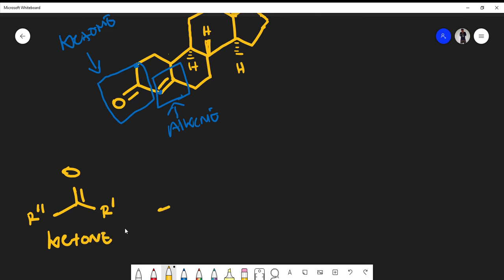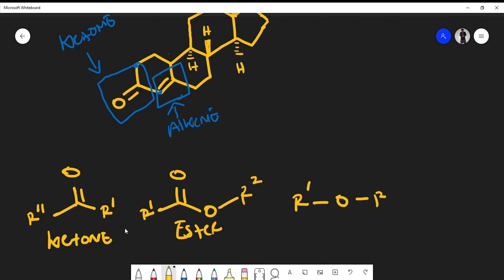Now, if you see a double bonded oxygen, and directly adjacent to it we have an oxygen, and let's say this is just some arbitrary R2, this is what we call an ester. If we see an oxygen sandwiched in between two R groups, and let's say this is R double prime, this is what we call an ether.